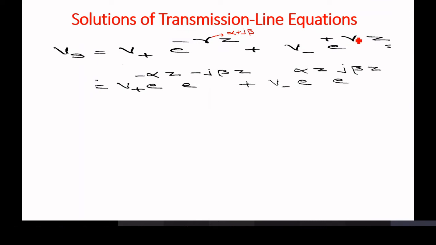Here also, if you substitute alpha plus j beta in place of gamma, this will be plus V minus e power alpha z into e power plus j beta z.